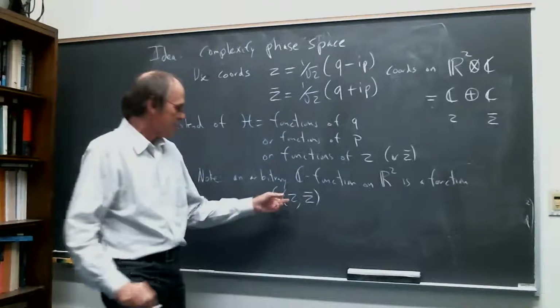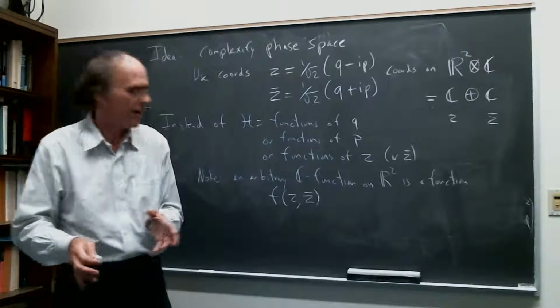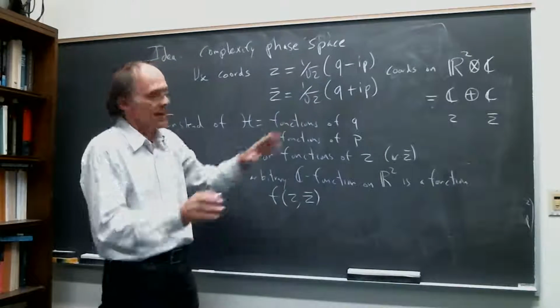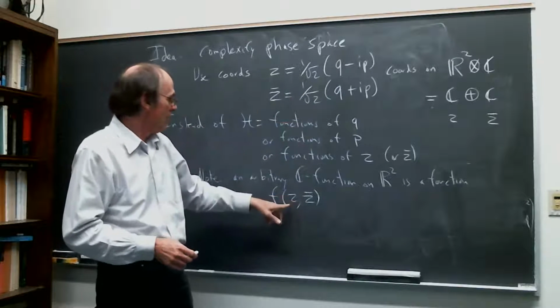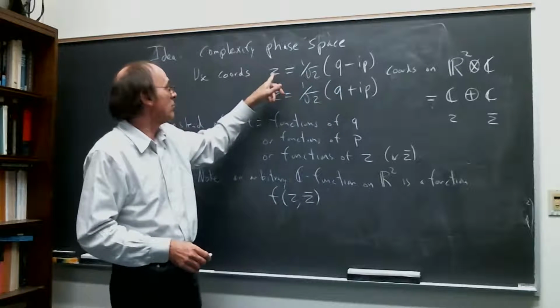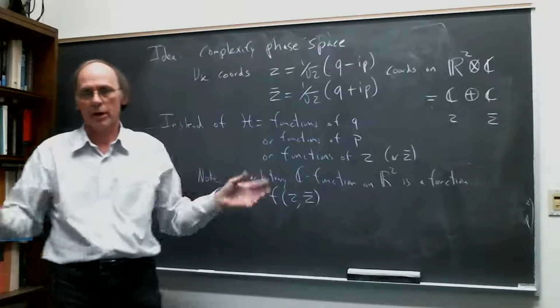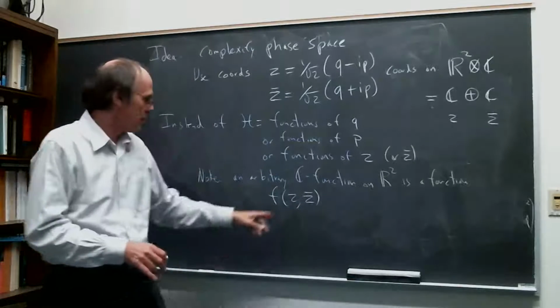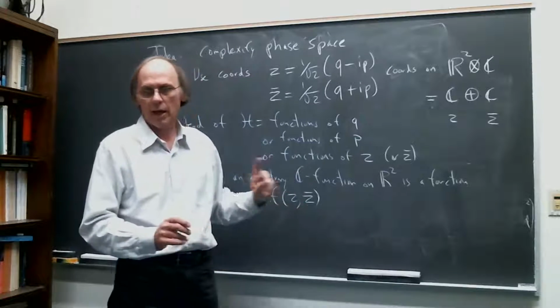Saying that you have a function that depends on both p and q, you could just use this, throwing in complex numbers. That's equivalent, you can just change variables and say that I've got a function that depends on z and z bar.